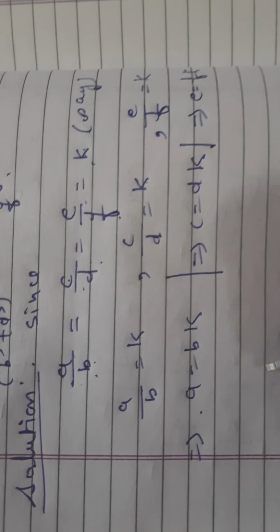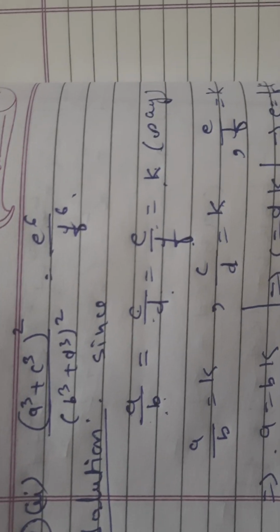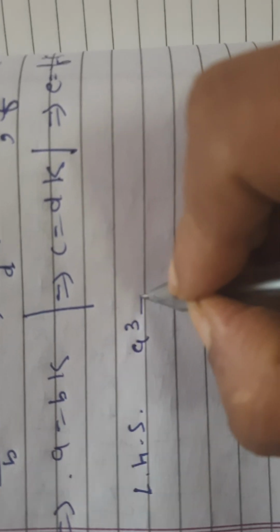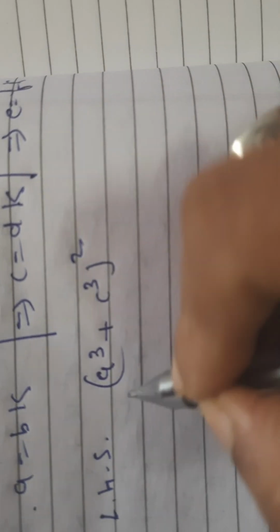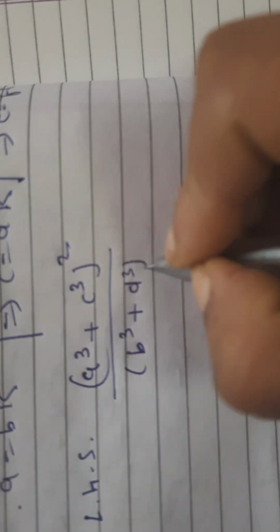Now I am taking the LHS. The LHS is ((a³ + c³)/(b³ + d³))².